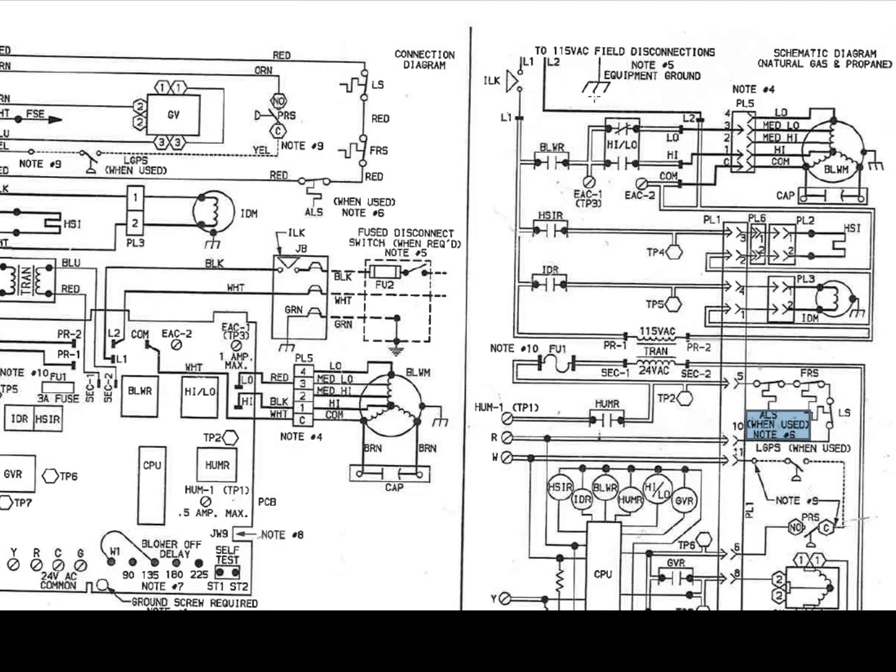Now one thing that's interesting about a schematic, pay attention to this, because you will need to know it at some point in your life. You generally read left to right. So our power comes in on the left, and our common generally comes in on the right.